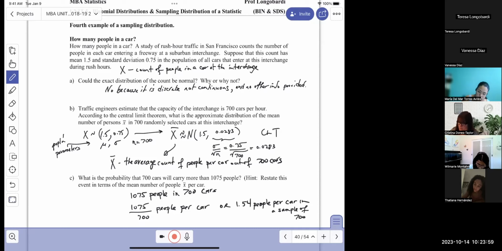Otherwise, you can't solve this, because the only information you have is about the average number of people per car.